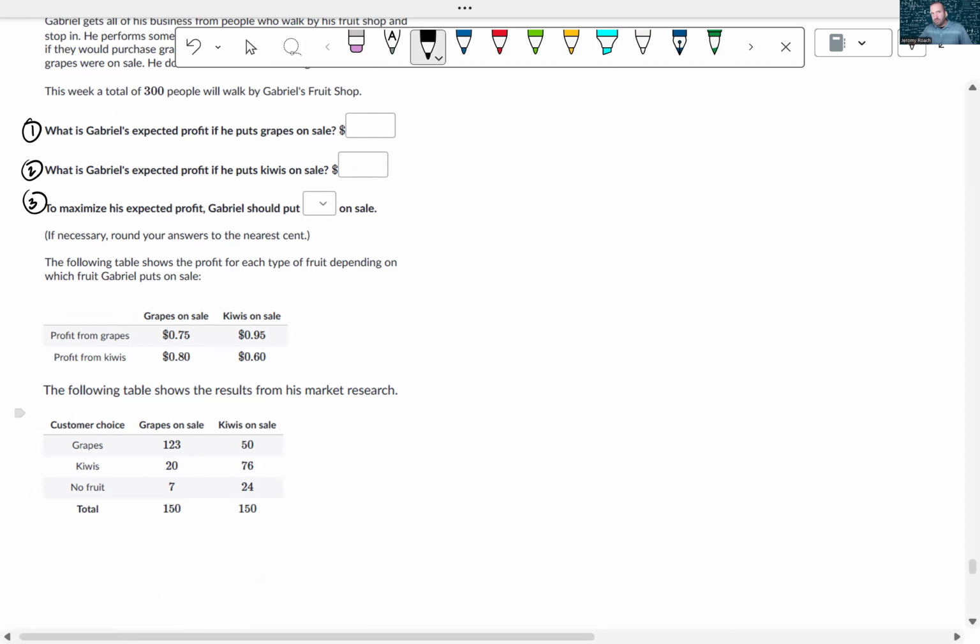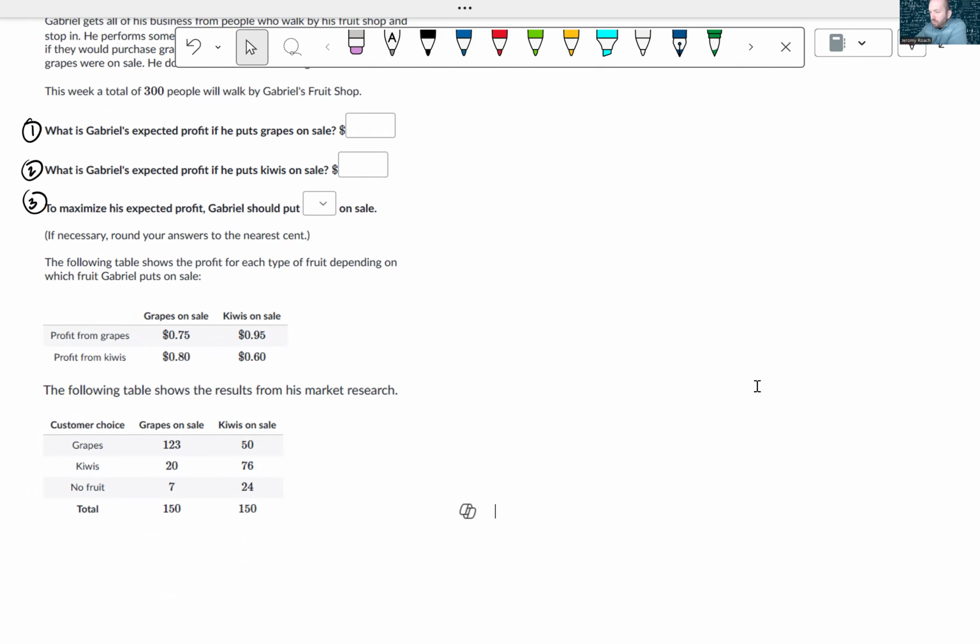I think the toughest part about this problem is reading through these tables and figuring out how to interpret them. We also have another table here that tells us the customer choice for if they chose grapes, kiwis, or nothing based on if grapes are on sale or kiwis are on sale. And so I'm going to walk us through which parts of the table we need to really focus on for each part of the problem.